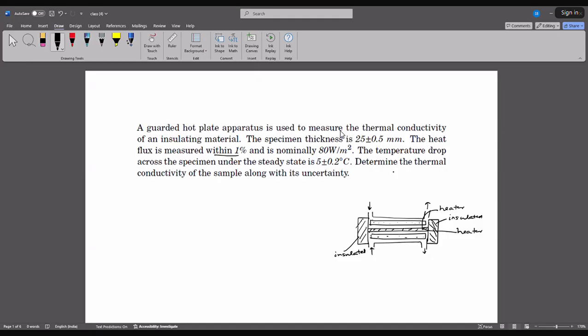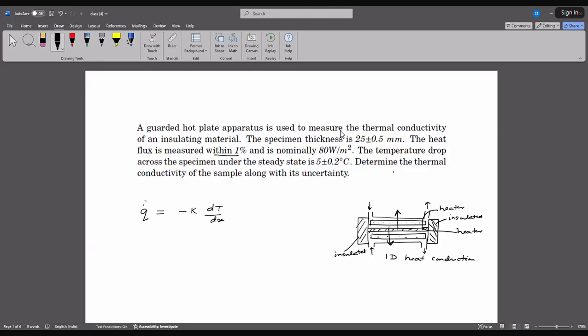The purpose of these insulators at the ends is that the heat flow direction is going to be strictly one-dimensional. From the heater, the heat is going to go through the sample purely one-dimensionally. So it is 1D heat conduction. In one-dimensional heat conduction, you have Fourier's law, which says that the heat flux through a material is minus thermal conductivity times the temperature gradient, dT over dx.